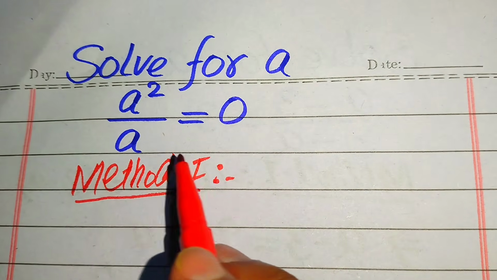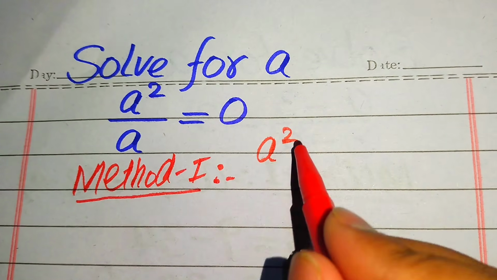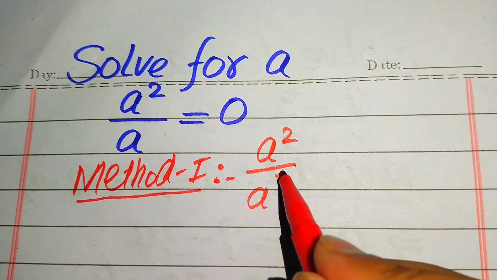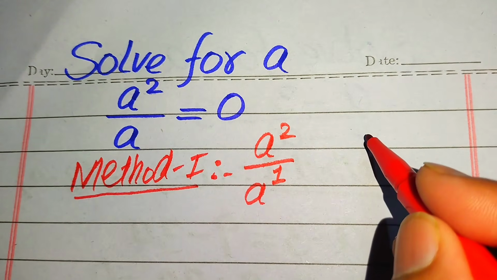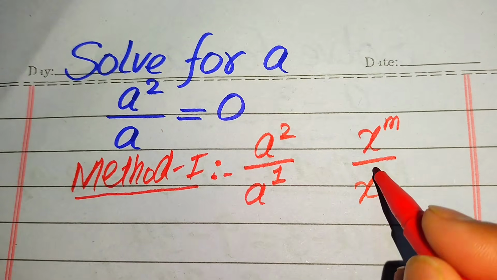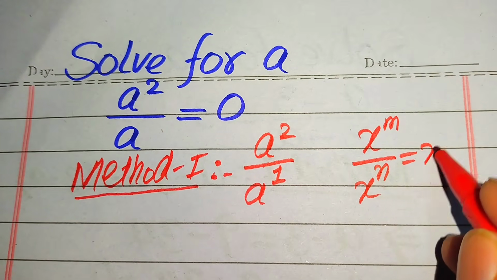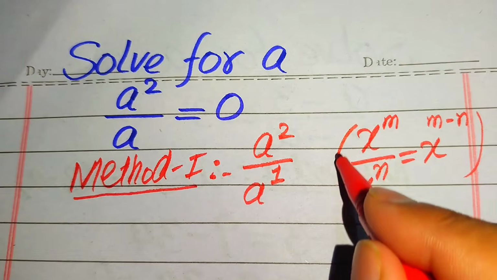In the first method, you see here the exponent of the denominator term is 1. We write it this way, and here we use the exponent rule: if we have x to the power of m divided by x to the power of n, this equals x to the power of m minus n.